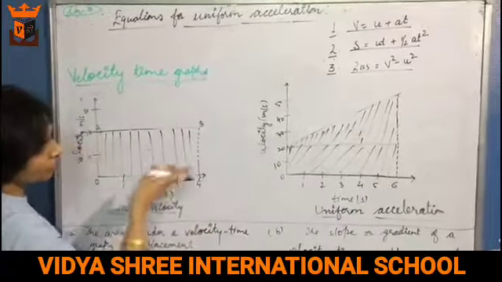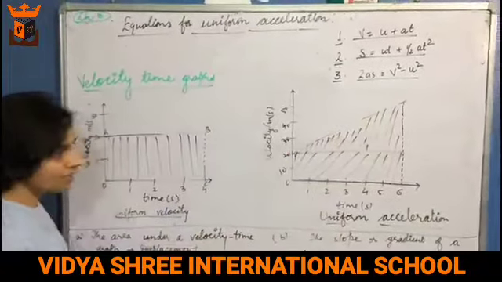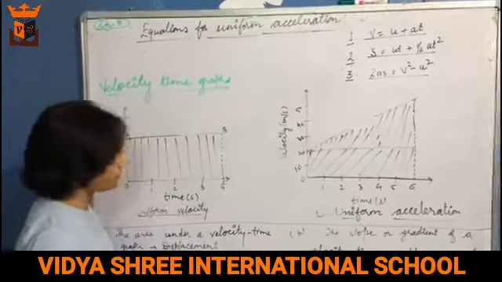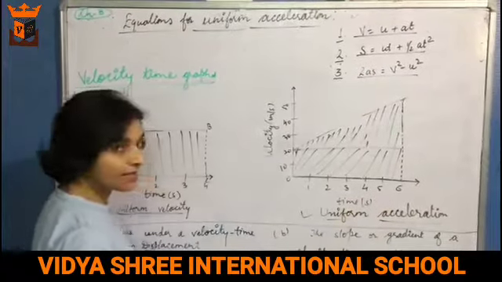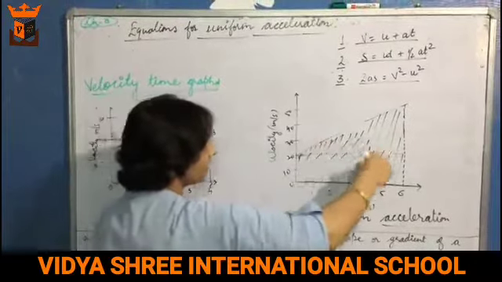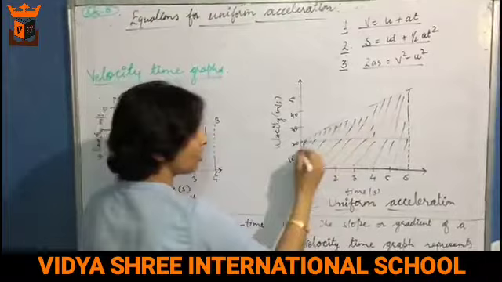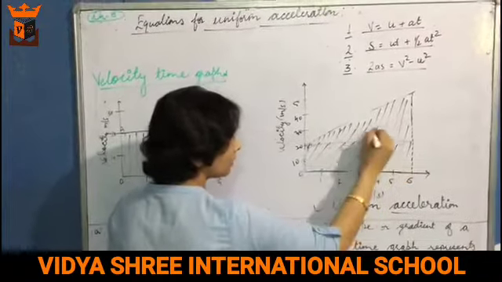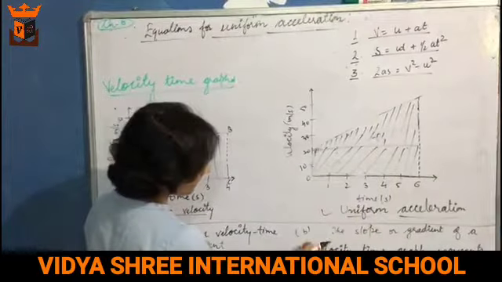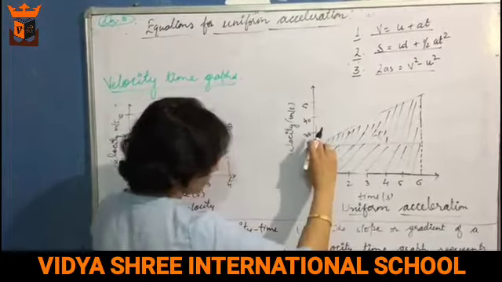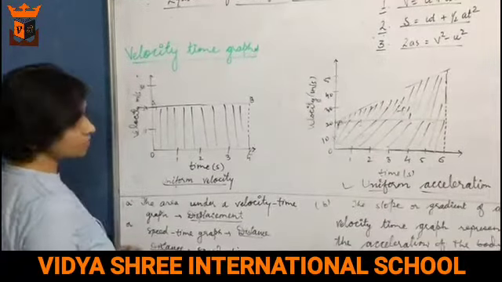If we take changing velocity, and see this velocity is being changed very uniformly, so this is uniform acceleration. This axis is velocity and this axis is time in seconds. If we take the area under this, it is a trapezium: area of this rectangle plus area of this triangle. Again it is the same, distance or displacement.